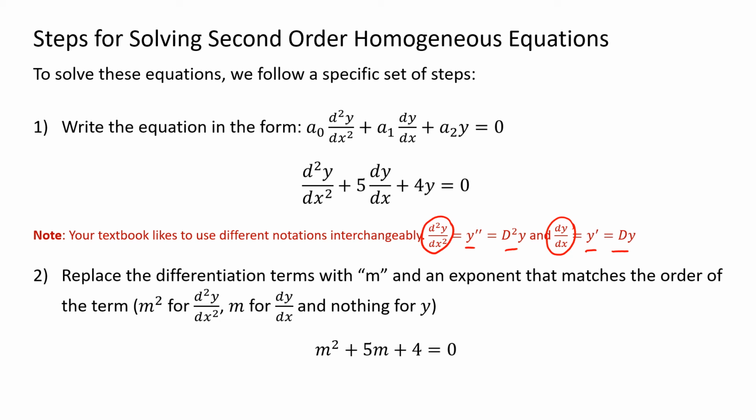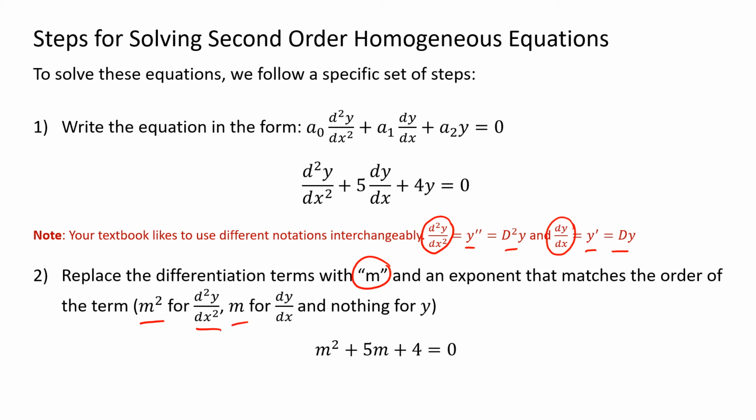So once you have it written in this form here, what you do is you replace all of these differentiation terms with m, and that m has an exponent that matches the order of the term. In other words, you write m squared for the second order, d squared y by dx squared.